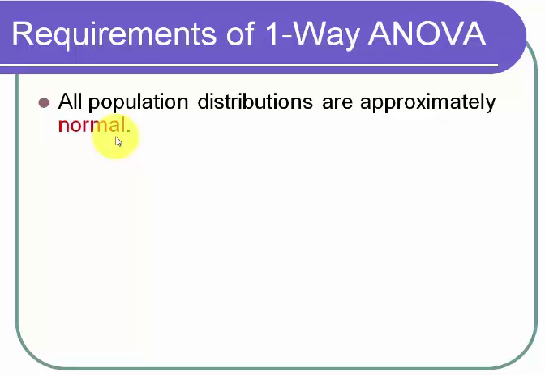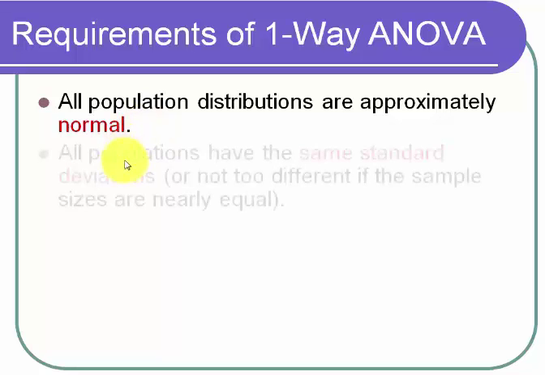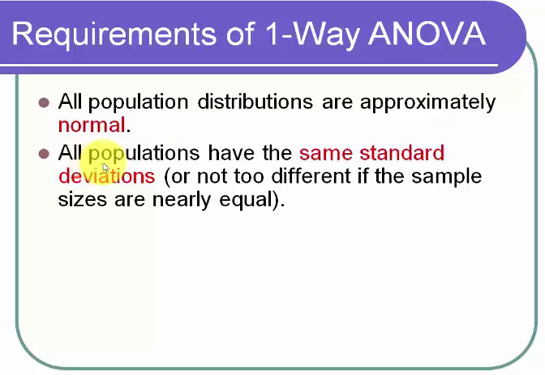Now, we can have the sampling distributions be approximately normal, but then remember we have to have greater than 30 for every single sample that we're looking at. So if we're comparing 10 different means, then we're going to have hundreds and hundreds that we have to sample. It's very difficult to use ANOVA. The next requirement is that all populations have the same standard deviation, or at least not too different if the sample sizes are nearly equal.